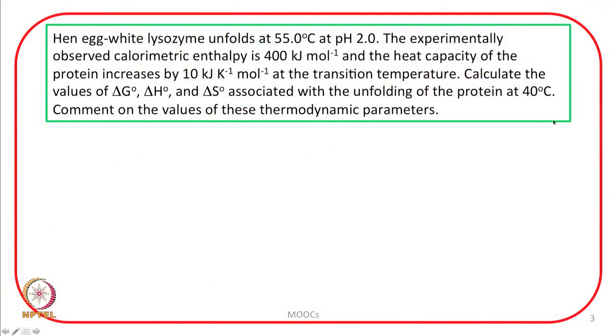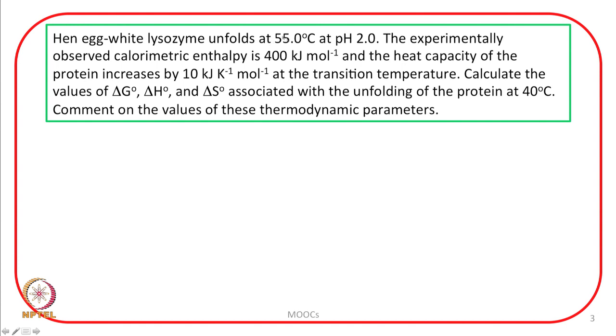In the question, we have been given information at 55 degrees centigrade and we have been asked to calculate the thermodynamic parameters at 40 degrees centigrade.